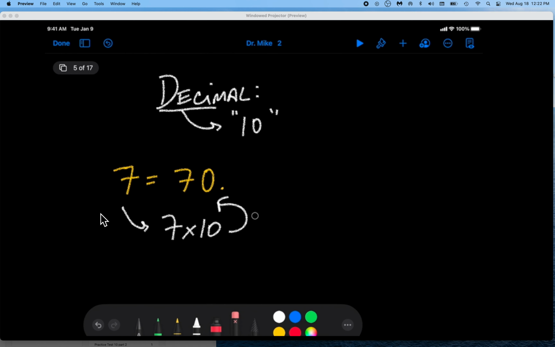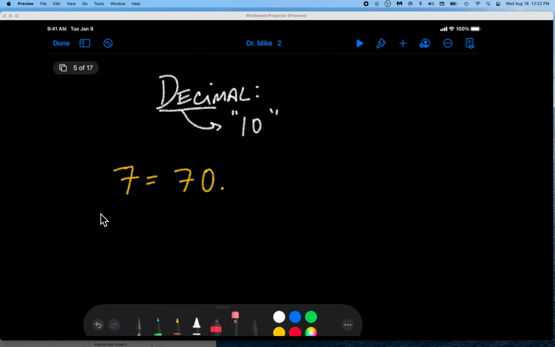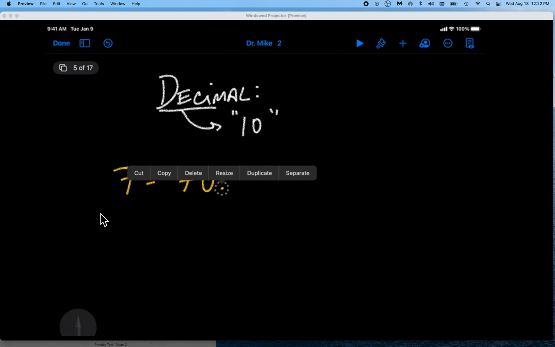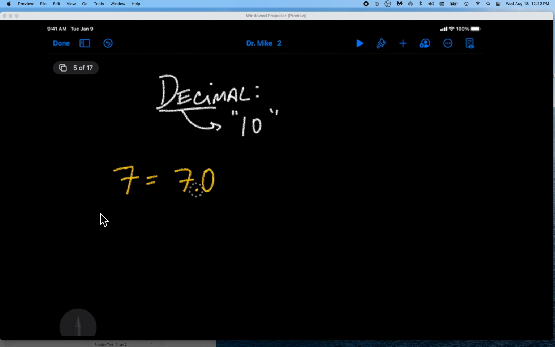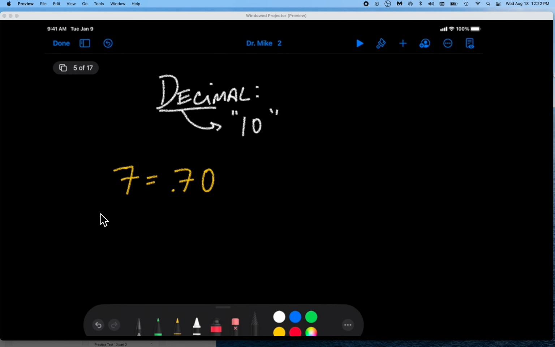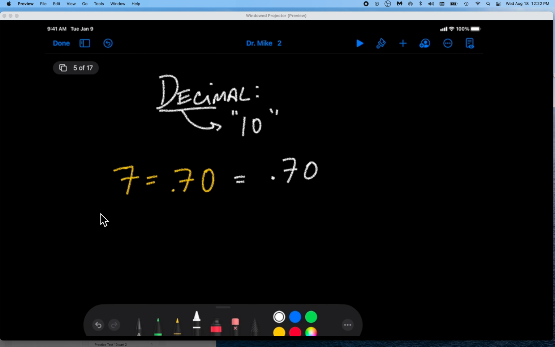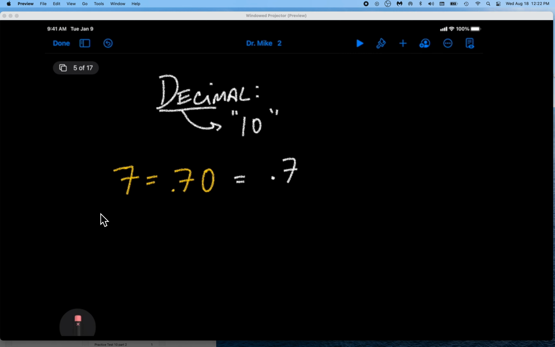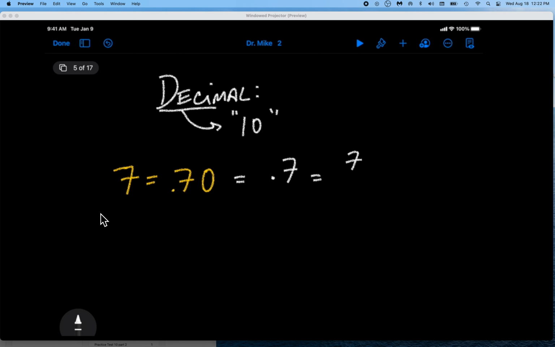Alternatively, the person that came into our room could have taken that decimal point, which recall was here initially, and he or she could have moved the decimal point this way. Now we have the number 0.70. We don't have to put that 0 there, so I'm going to take it away. 0.7, and we know that to be 7/10.